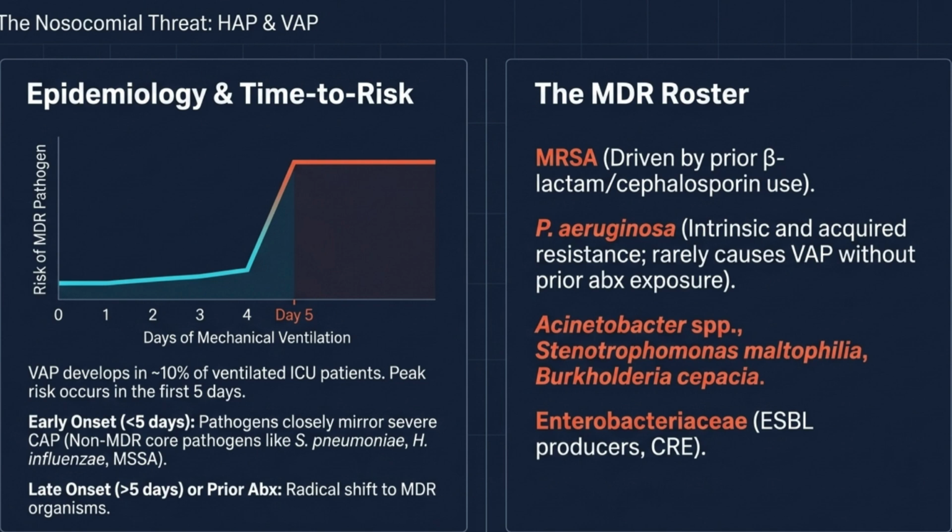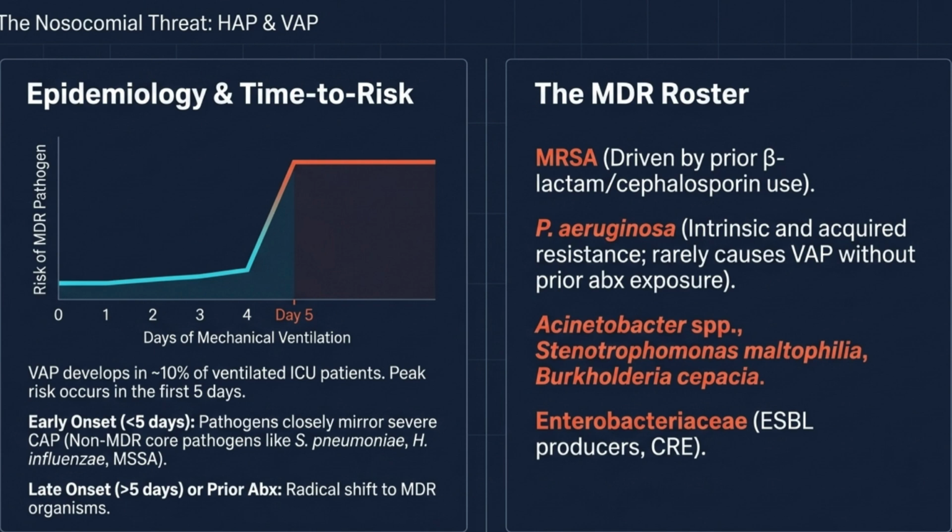Now we're going to talk about hospital-acquired pneumonia and ventilator-associated pneumonia. The nosocomial infections are a different breed. Early onset, less than 5 days, pathogens often mirror severe CAP, the community-acquired pneumonia.